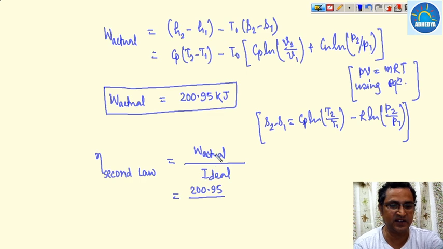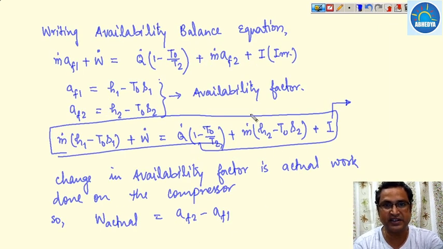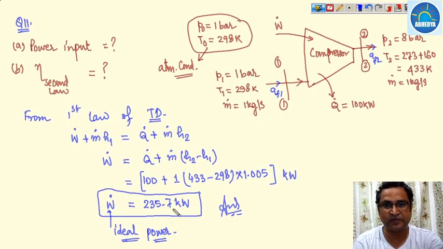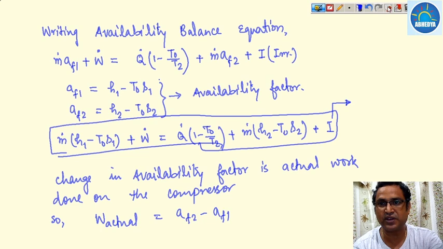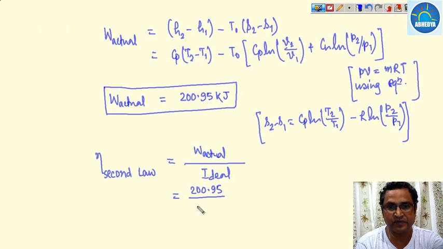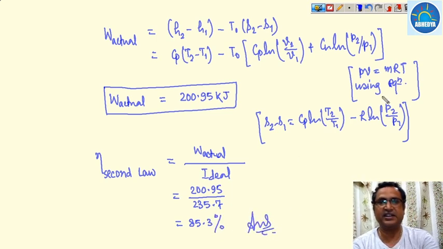The ideal work is 235.7, which we have calculated. This is your ideal power. So it comes out to be 85.3%. So this is your second law efficiency.